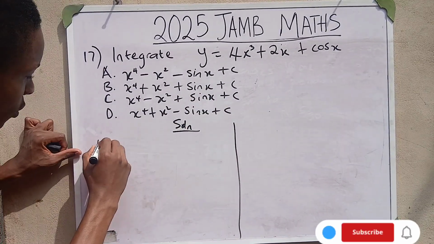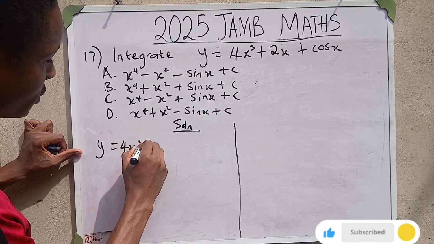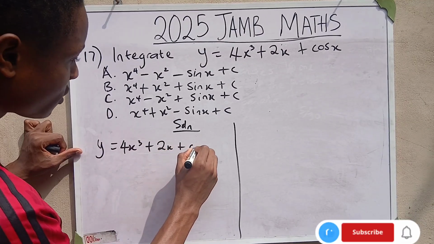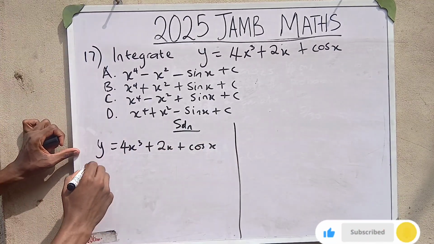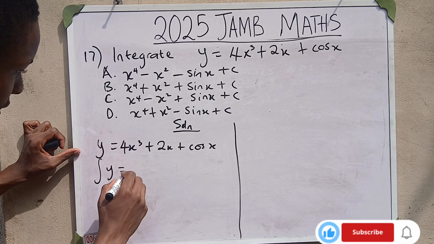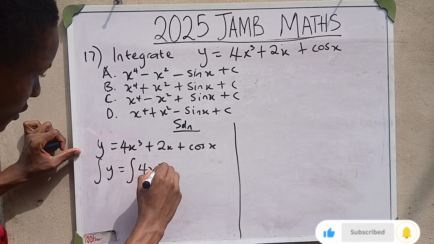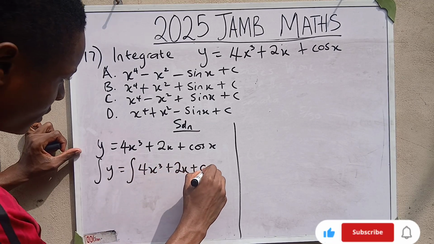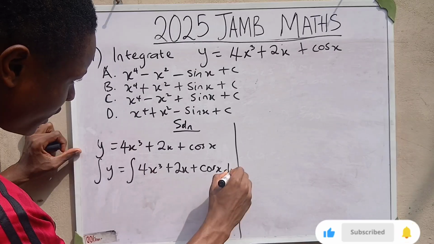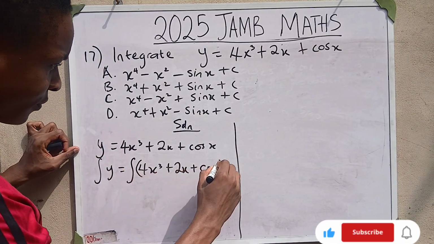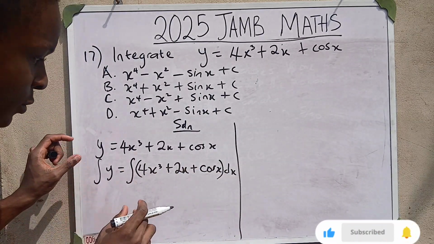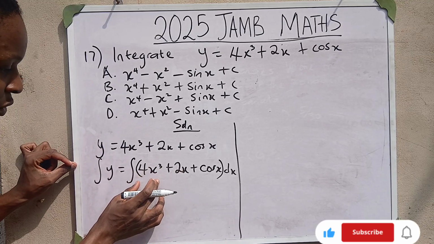So integrating y equals 4x cubed plus 2x plus cos x, the integral of y is the integral of 4x cubed plus 2x plus cos x dx. Now, when integrating, we integrate them individually.